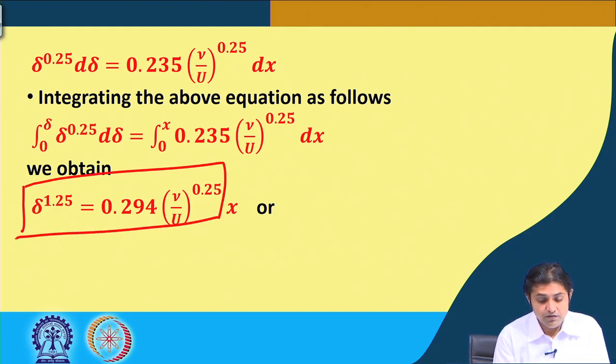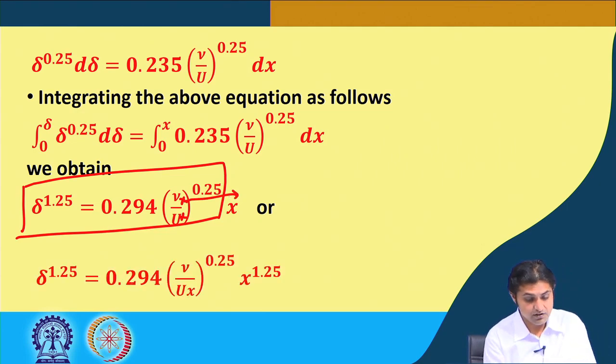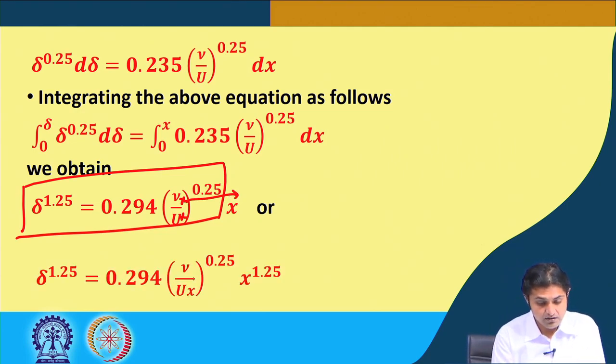Or if we multiply x here and x here as well and take it out, we can actually write this x becomes x to the power 1.25, okay, and this is Reynolds number.